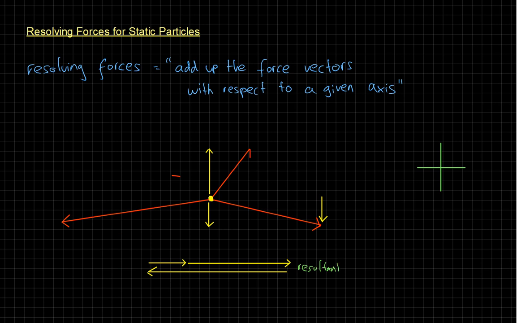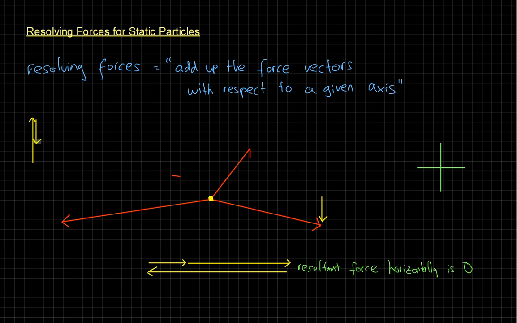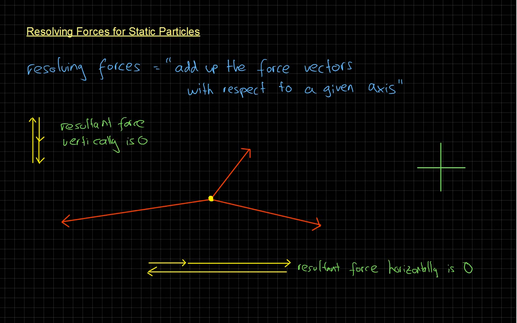Resultant force horizontally is 0. And looking at the vertical case, that one's going up, then that one going down and that one going down. That's just because I haven't quite drawn it perfectly, but they would be the same length. And again, resultant force vertically is 0. That should make some intuitive sense.